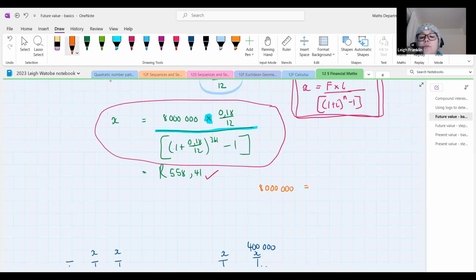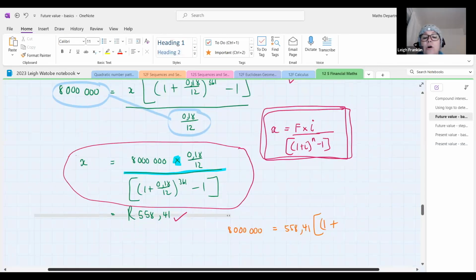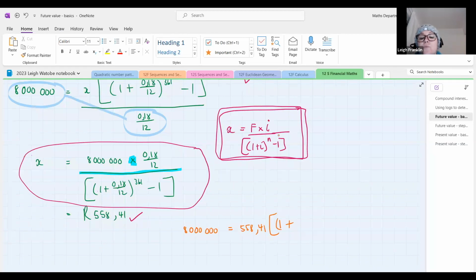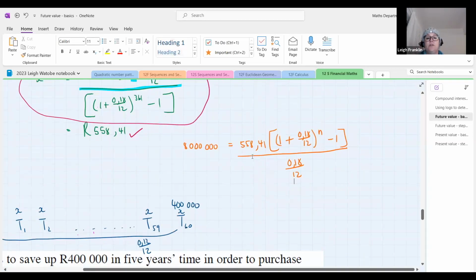Your X value is 558,41. Our interest rate was 18% per annum, compounded monthly. So this was 0,18. There's N minus 1 over 0,18 over 12. Okay, so this is what you were asking for. So what you'd have to do now is you need to isolate that bracket.